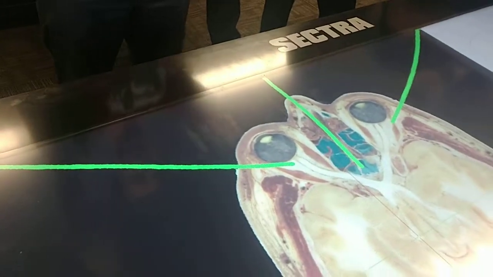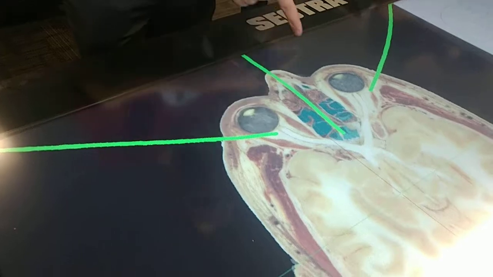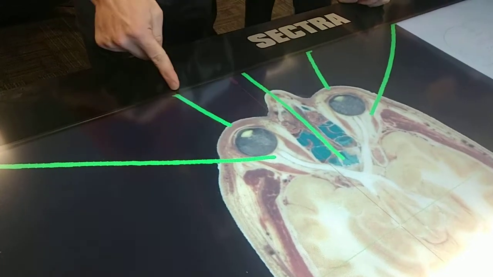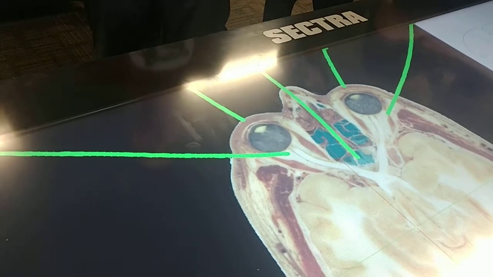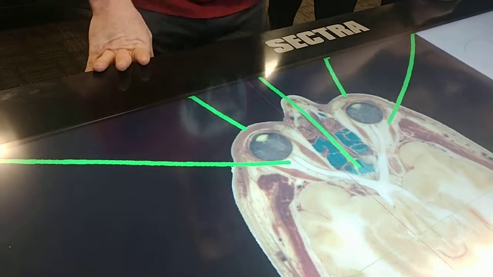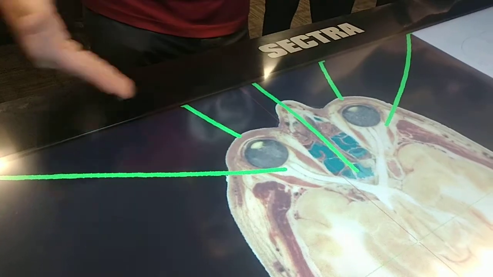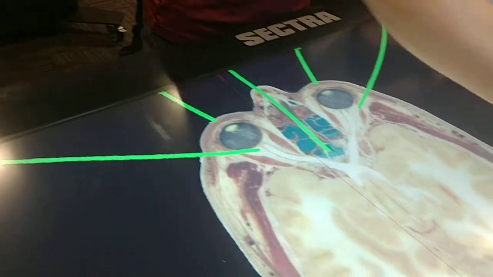So roughly, our visual field looks something like this. Somewhere basically in this space, I have true binocular vision. Outside of that, it's monocular vision, okay? So this is the way the visual fields work.